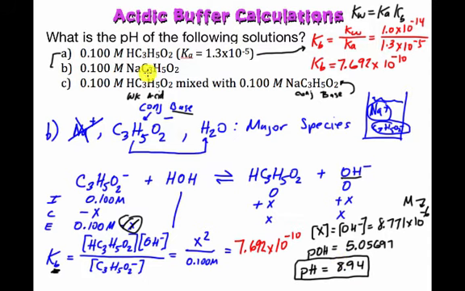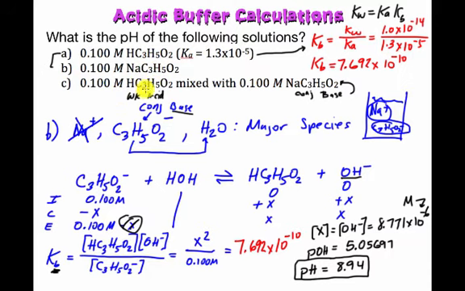Notice this should be a base, so my pH should be higher than 7, and it is. If you go back and look at the pH for the weak acid, it was lower than 7, actually something like 2.94, I believe. So that would be a weak acid, weak base. It's kind of a review from the last one.